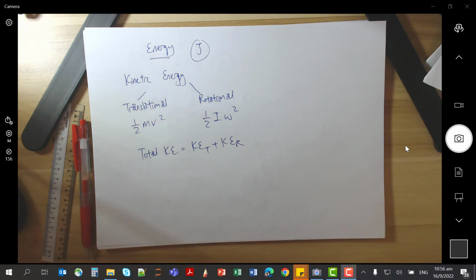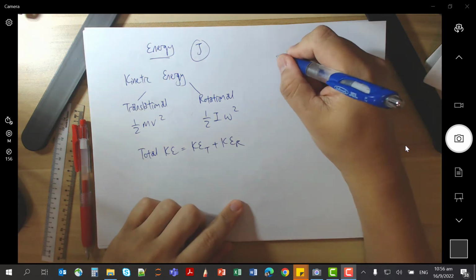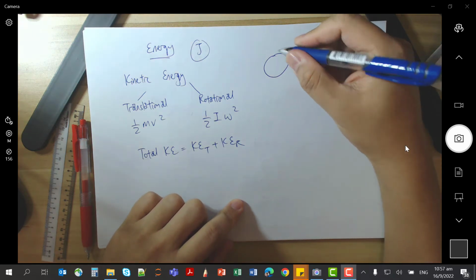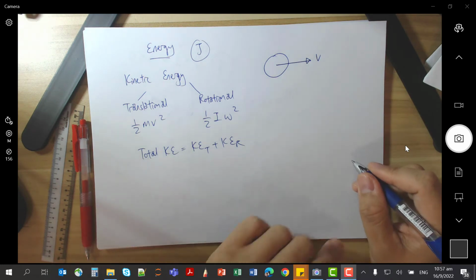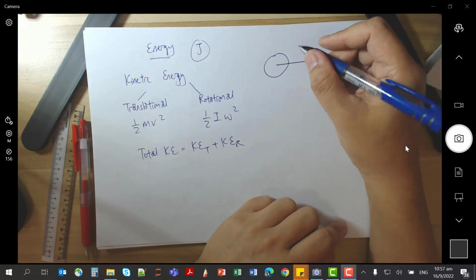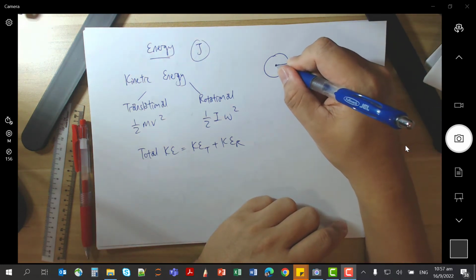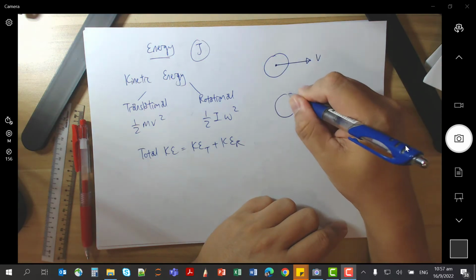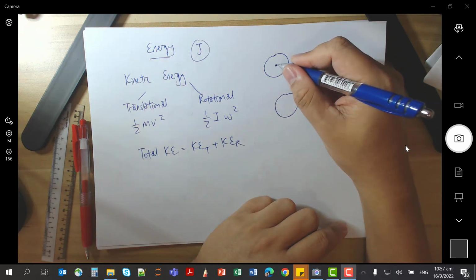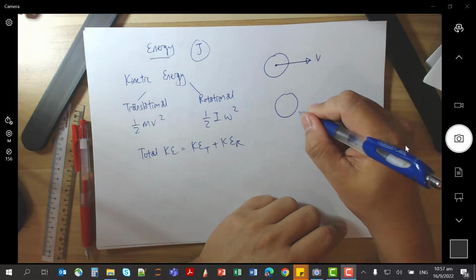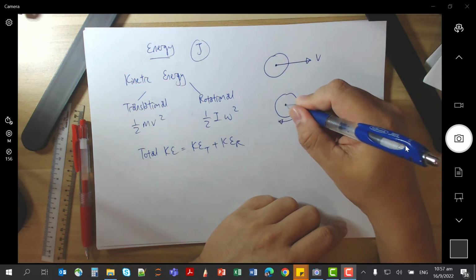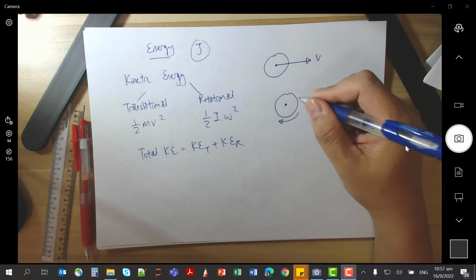For a wheel, for example, moving at a certain velocity v, how do you look at the rotation? If you position yourself at the center of the wheel, you no longer see the velocity, but you actually see the rotation.